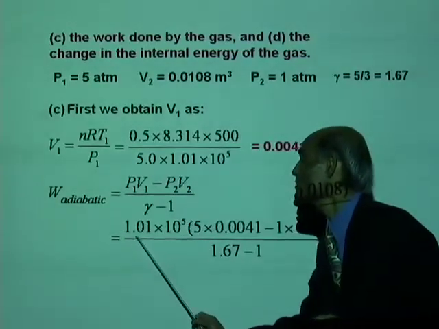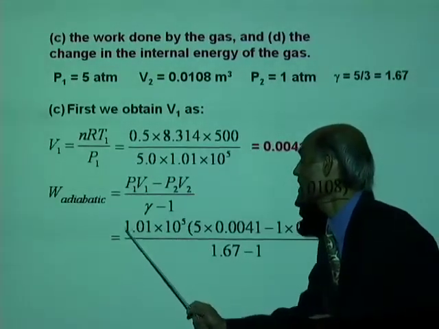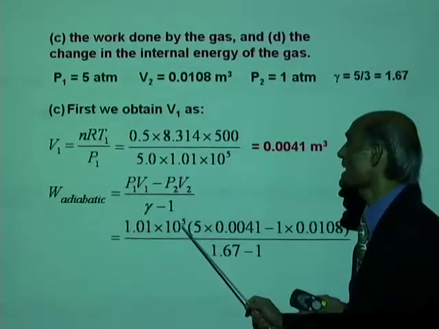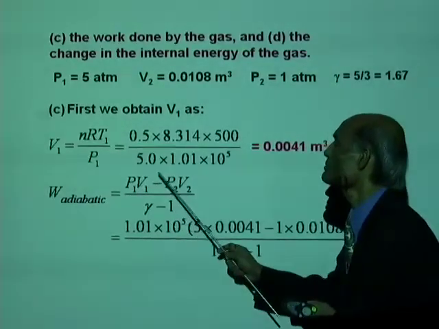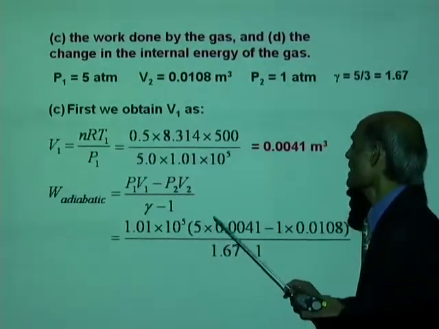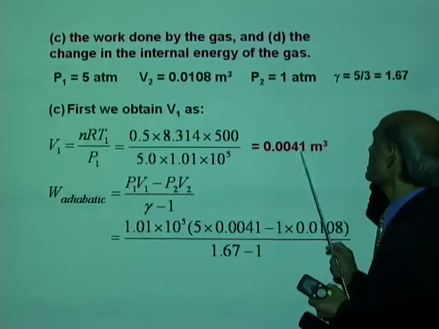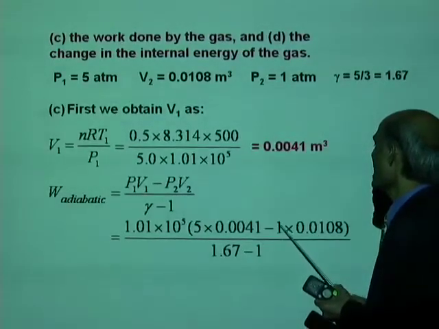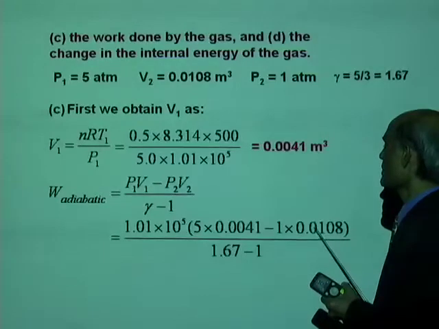So you can see what I have done. I have taken 1.01 times 10 to the 5 outside so that I don't have to multiply for each. It will be 5 times V1, with the volume in meter cube, minus 1 times V2.